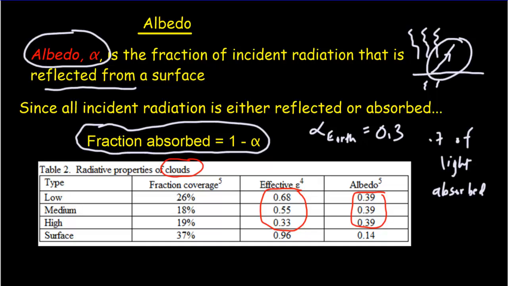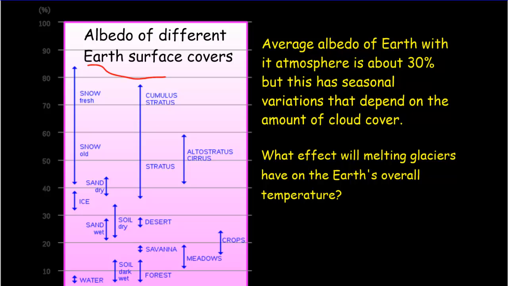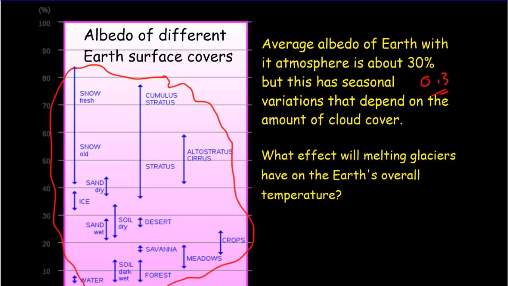It's 0.39 for the clouds, at least the upper clouds. The surface clouds tend to have a very high emissivity and a low albedo. So we've got all kinds of different surface coverings on the Earth, quite a range of albedos. It turns out the average albedo of the Earth is about 30%, or 0.3 as a fraction.